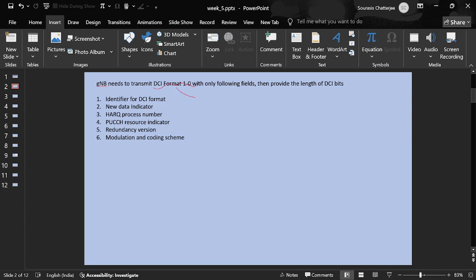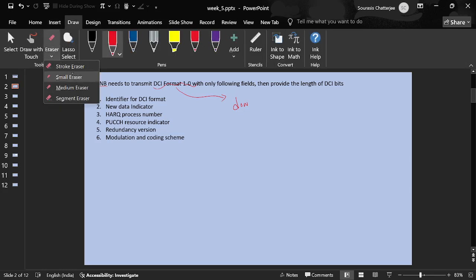So is that for uplink grant, or is it for downlink assignment?